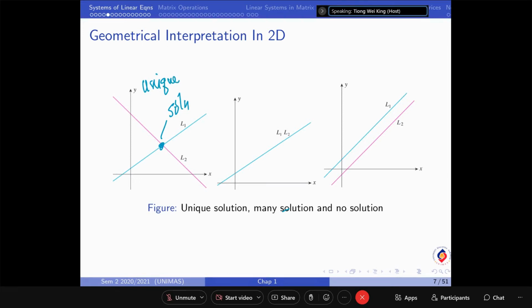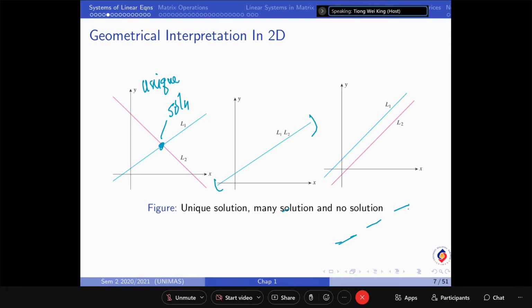And then the second one is that the first equation and the second equation are overlapping, meaning in the simplified form they are the same. So the entire line, all the points throughout the entire line, are the solution.